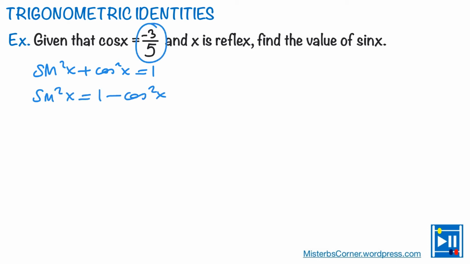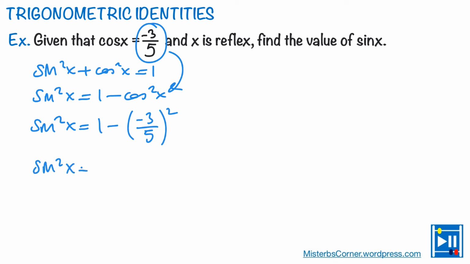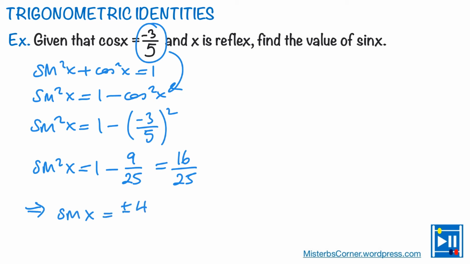Now you know cosine x, so you can substitute it here. Sine squared x is 1 minus 3 over 5 squared. From here you'll get sine squared x to be 1 minus 9 over 25, which gives 16 over 25. So you end up with sine x being plus or minus 4 over 5.